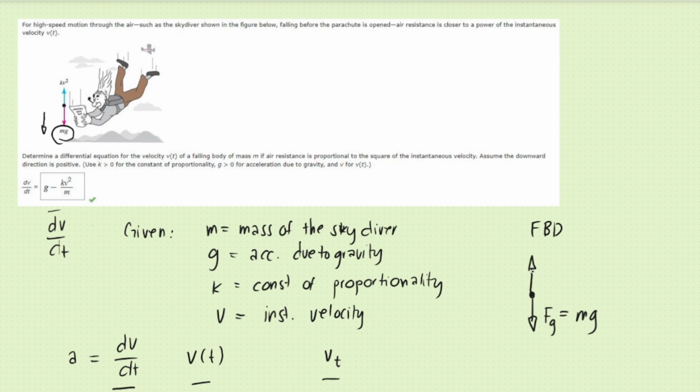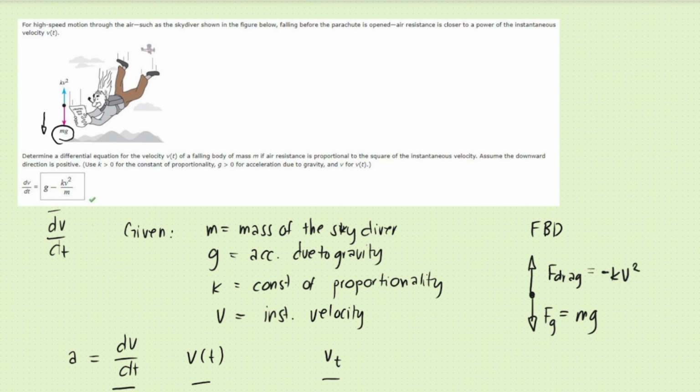We also have an upward force, which is the air resistance, which we call F drag. It is the dragging force or the air resistance, which is directly proportional to the square of velocity.